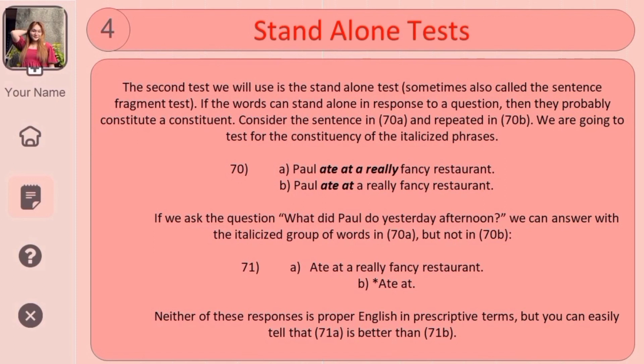Sentence A is emphasizing "ate at a really," which means that the restaurant Paul went to yesterday was really fancy, while in letter B, the italicized part is "ate at." It is simply emphasizing that Paul ate yesterday, without recognizing that the restaurant he ate at was a fancy one.